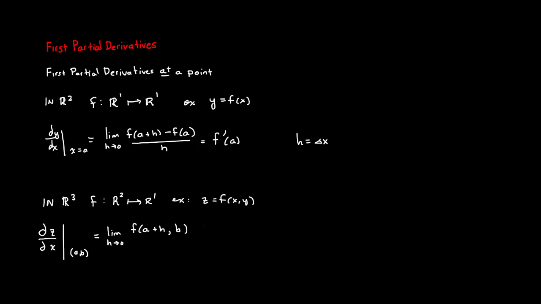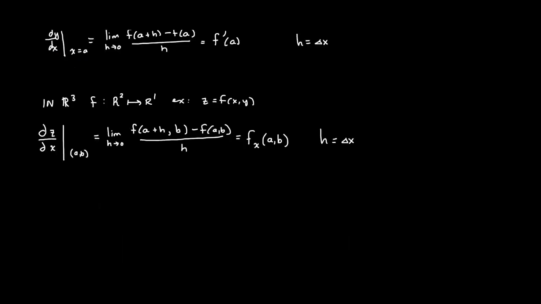So f of a plus h, comma b, minus f of a, b. I hope you see the parallel to the one above, all over h. For notation purposes, we say this is the derivative of f with respect to x at the point (a, b). And in this particular case, h refers to delta x.